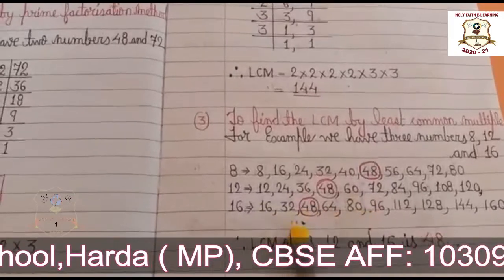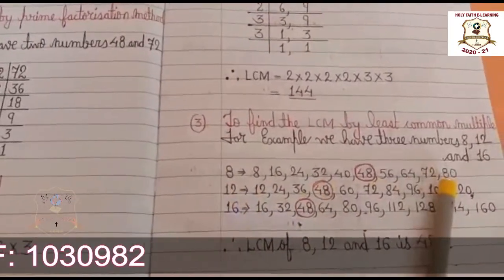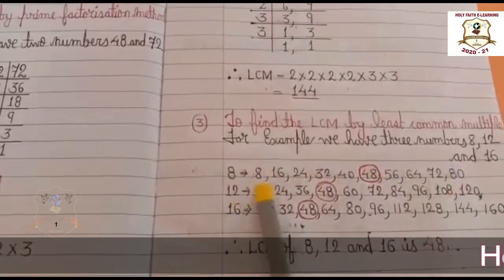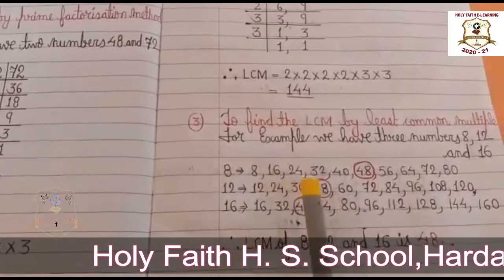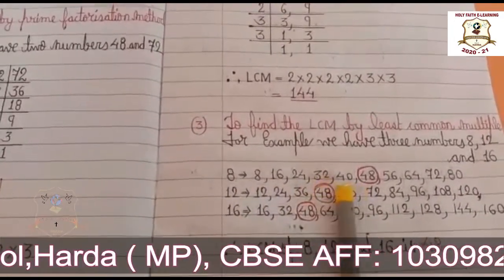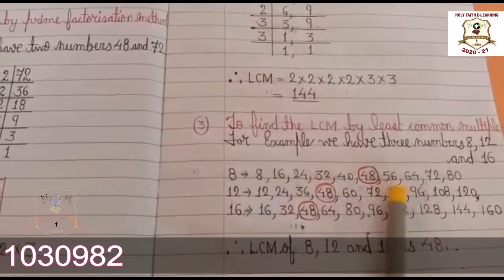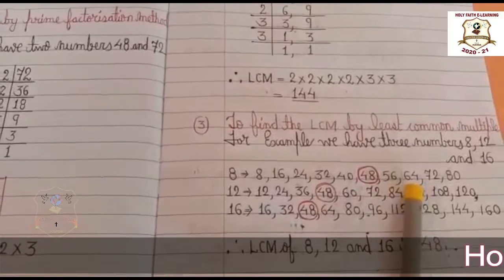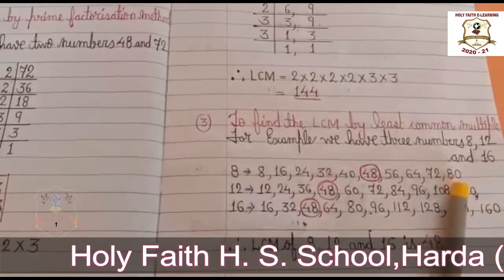Okay, so first we write the table of 8, beta, up to 10. 8 1s are 8, 8 2s are 16, 8 3s are 24, 8 4s are 32, 8 5s are 40, 8 6s are 48, 8 7s are 56, 8 8s are 64, 8 9s are 72, 8 10s are 80.